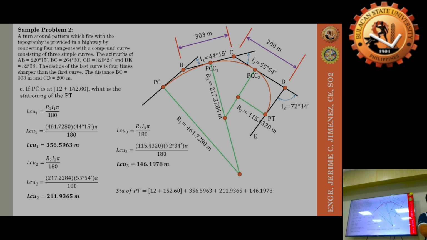What is station PT? So station PT is equal to 12 plus 867.3306. Okay, so yan po yung problem natin kapag meron tayong tatlong simple curves sa loob ng compound.